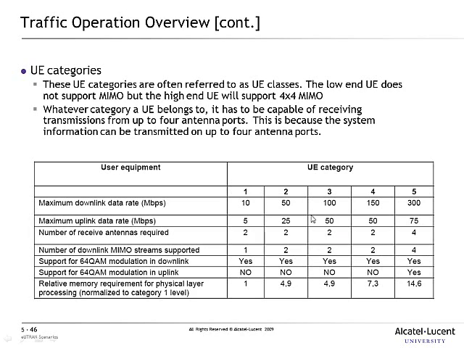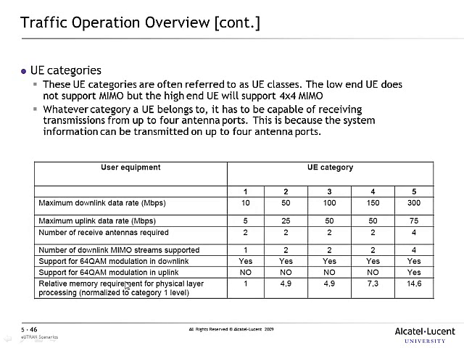Each one of them has different capabilities. UE category 1 will be the cheapest one, and UE category 5 will be the most expensive one, because it is expected to have 4 receive antennas, and it will be able to support up to 4 downlink MIMO streams. Now, these kinds of handsets, as far as I know, are not yet available in the market, but UE category 1 and UE category 2 are already available in the market.